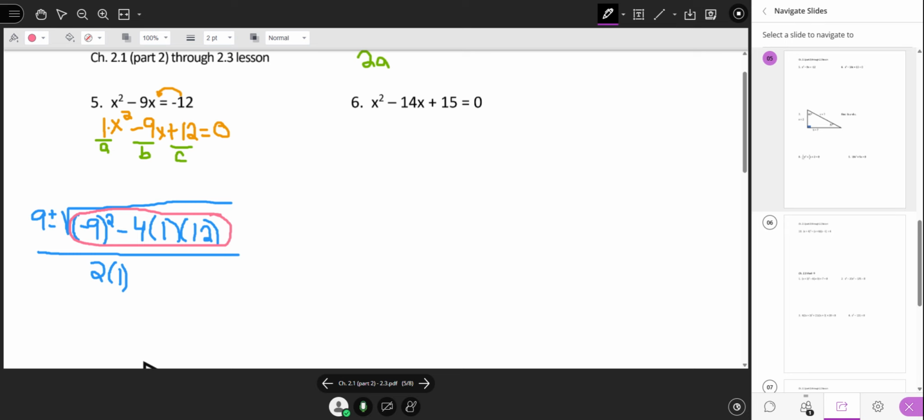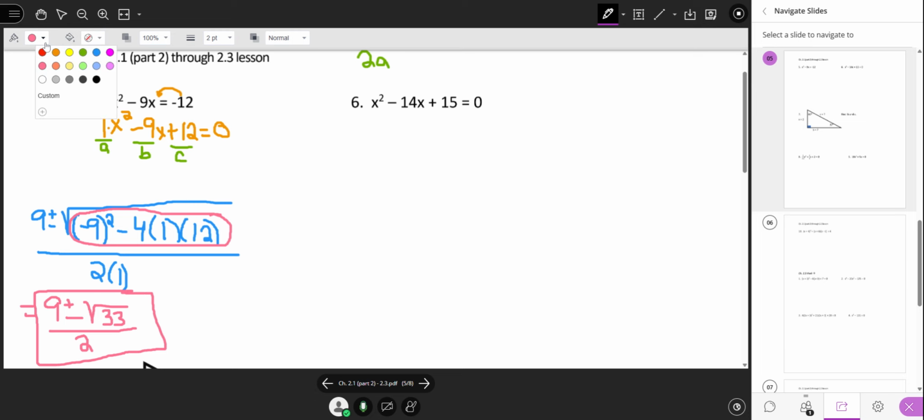Now, when I do that, I get nine plus minus the square root of 33 over 2. That does not clean up. So I would leave it right there.